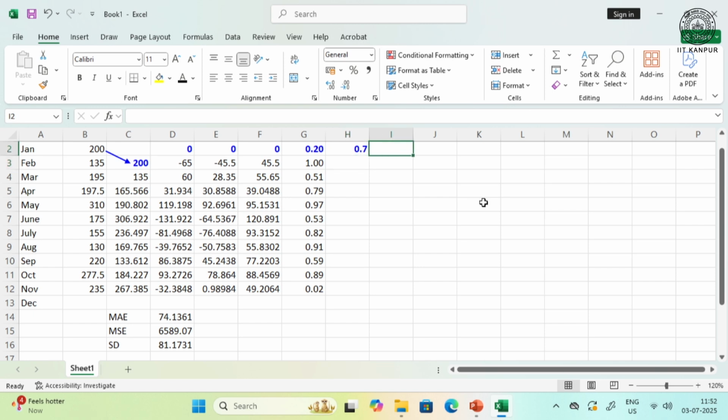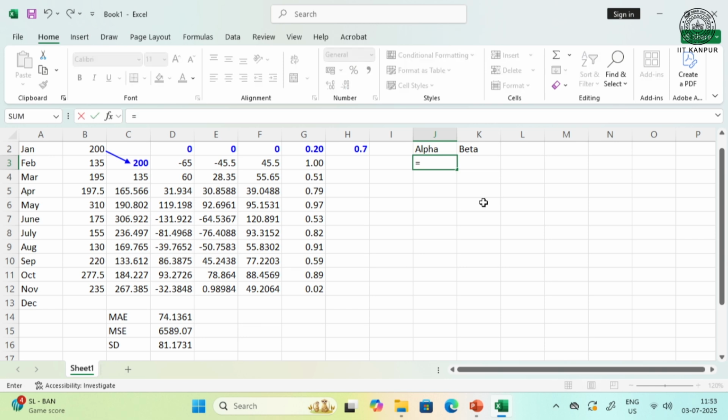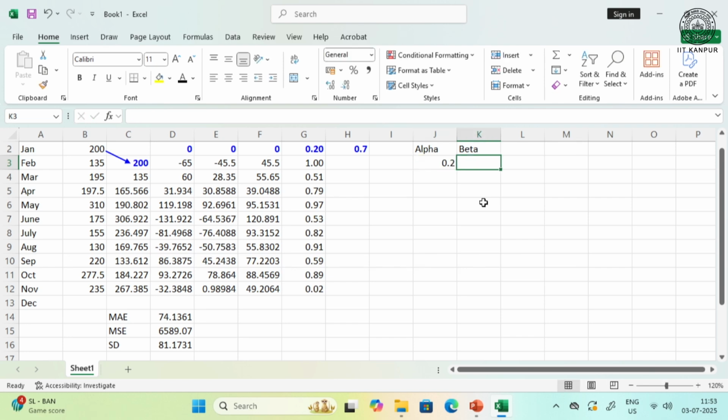Now, the question is, first let me do it for alpha. I will make a table accordingly. So, I take alpha as 0.2, beta as 0.3. For beta 0.3, I will write the mean absolute error and the standard deviation.